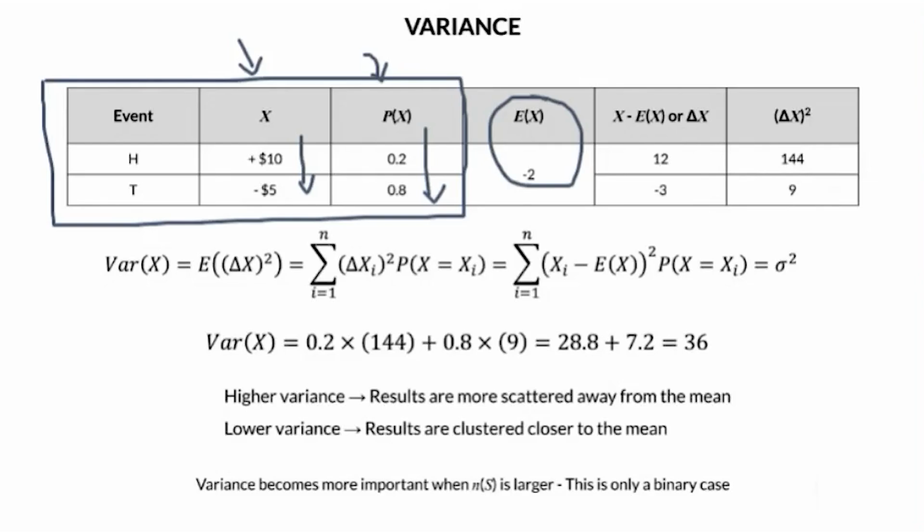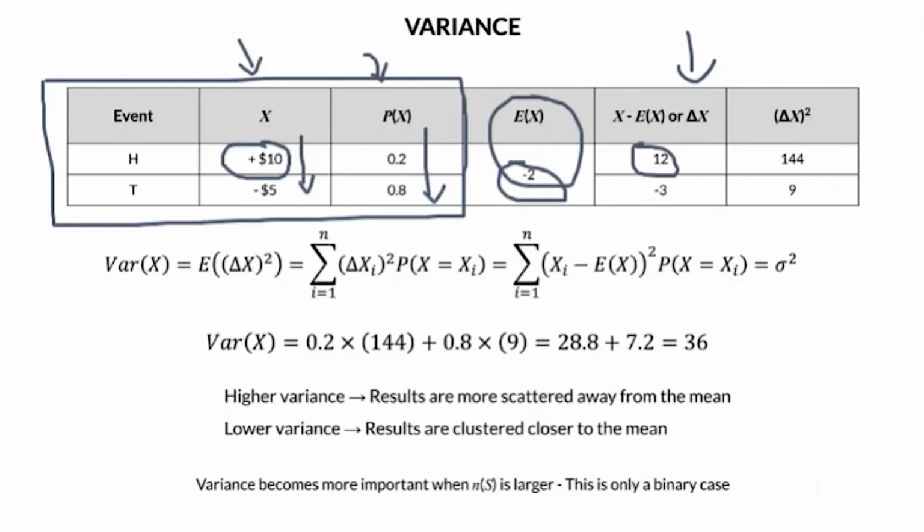What is variance? The formula for variance is pretty simple. You find the deviations of the actual value from the mean or the expected value, right? So this is plus $10. This is a win of $10, right? And the average expectation is losing $2. What is the difference? 10 minus minus 2, that is 12.